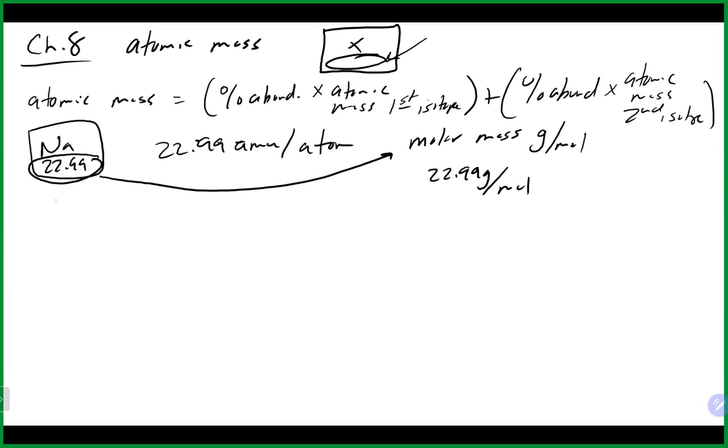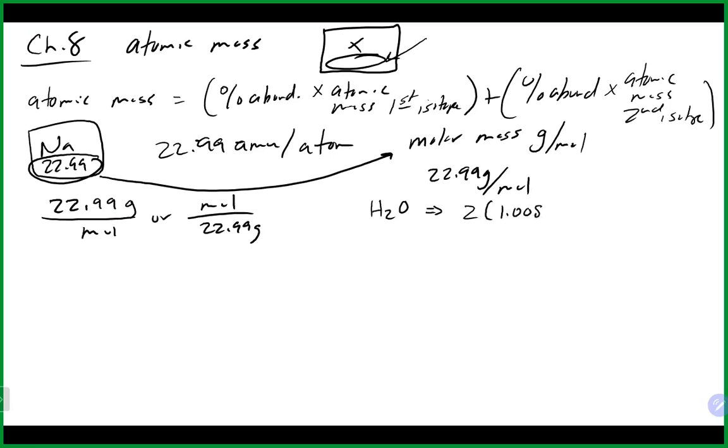We could also use it as a conversion factor in dimensional analysis, 22.99 grams over a mole, or a mole over 22.99 grams. If we have something where we're adding parts together, we just add up all the parts from the periodic table, 2 times 1.008 grams per mole, plus 16 for our oxygen, gives us a molar mass for water of 18.02 grams per mole, which you could also use, obviously, as a conversion factor.